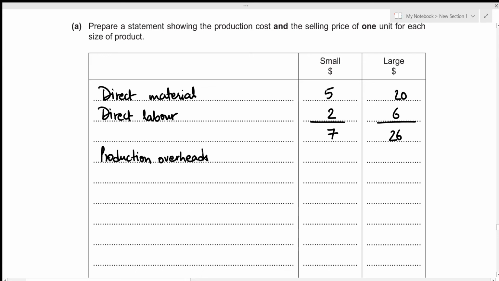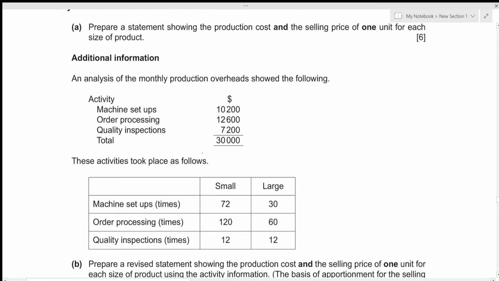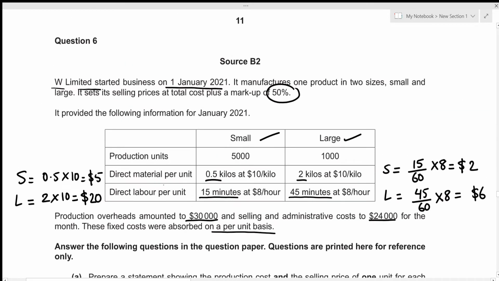Let's have a look at the above given information. We are told that the production overheads amounted to 30,000 for this month, and this cost was absorbed on a per unit basis. So let's figure out our total units. The number of units for small sizes are 5,000, and the number of units for large sizes are 1,000. So this gives our total units to be 6,000.